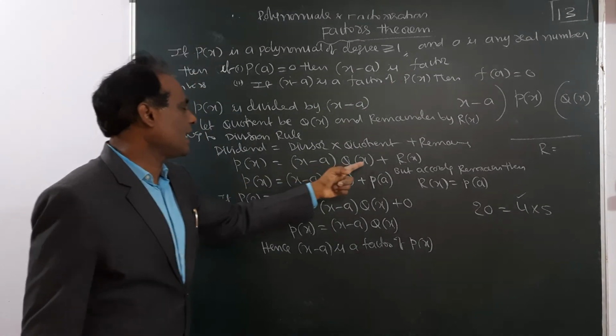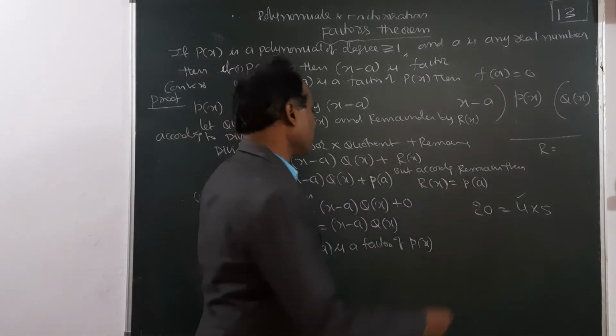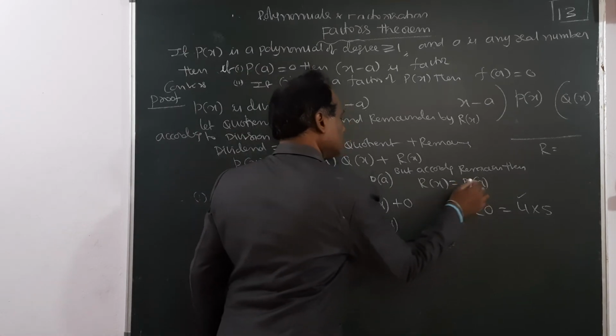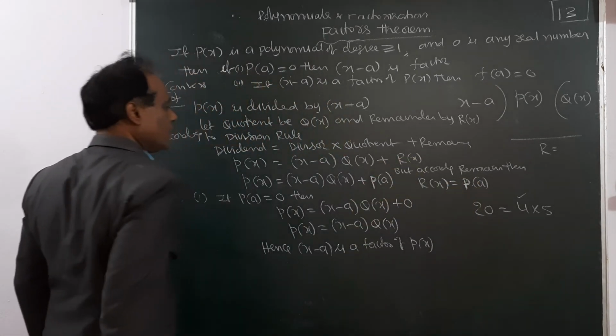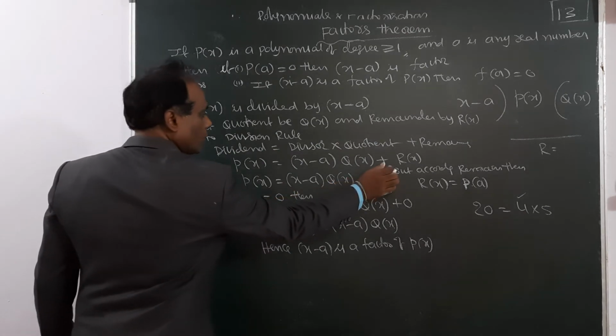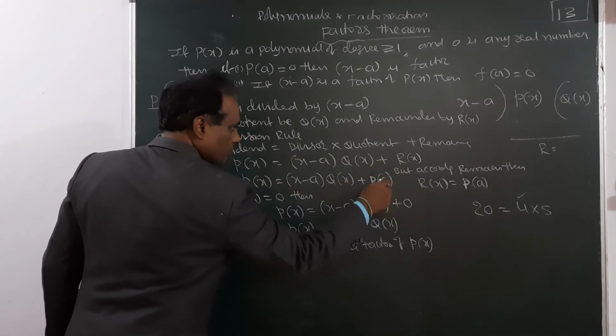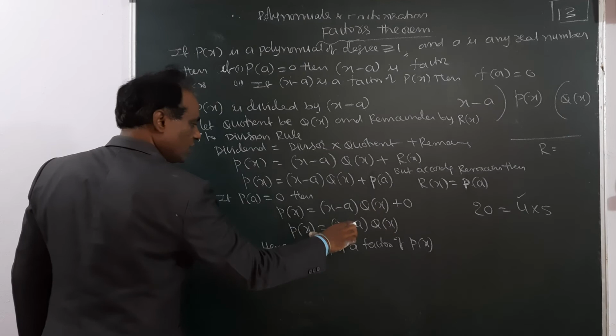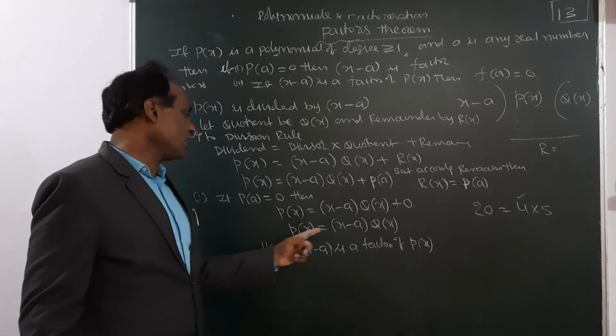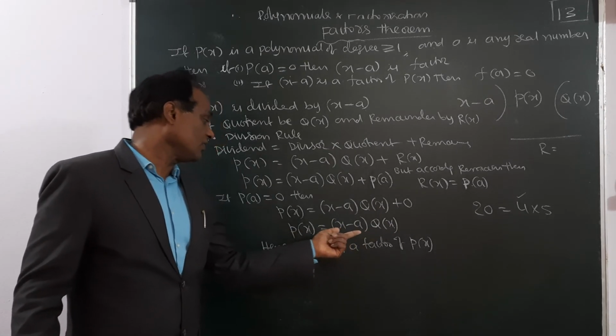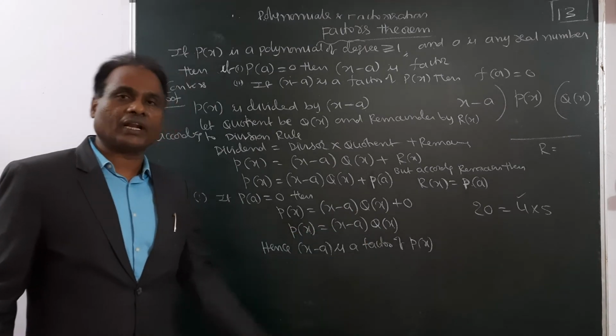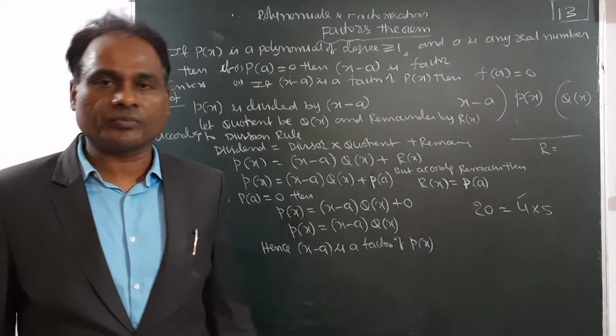But the remainder according to the remainder theorem is p of a. So r is nothing but p of a. So if p of a is 0, this will vanish, because it is 0. Then only this much remains. So if p of x is a multiple of these two, then x minus a is a factor of p of x. Write down all these steps.